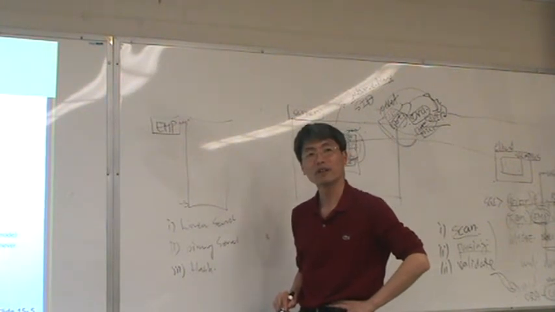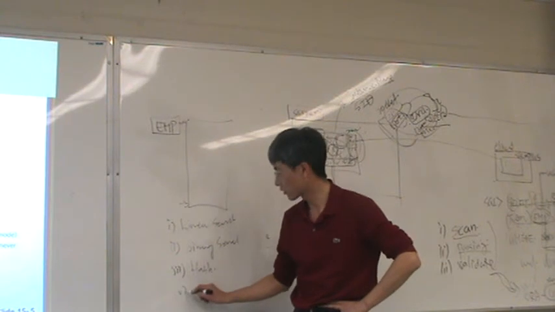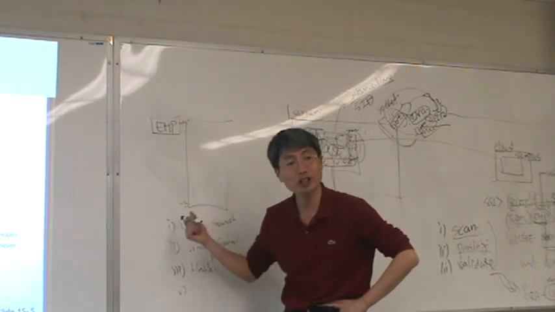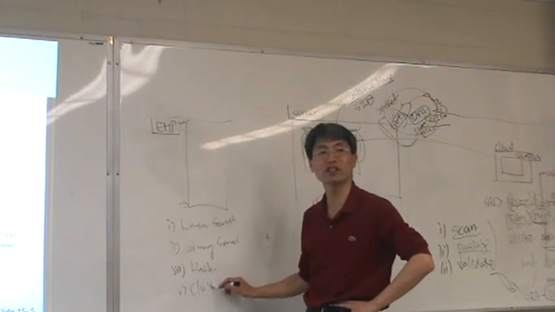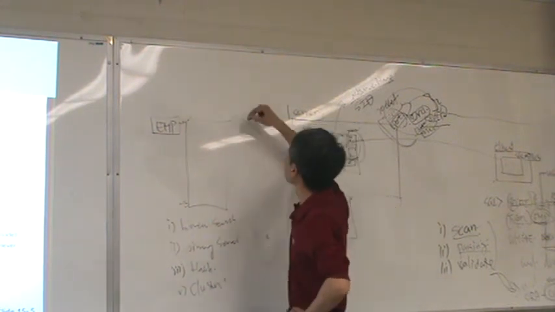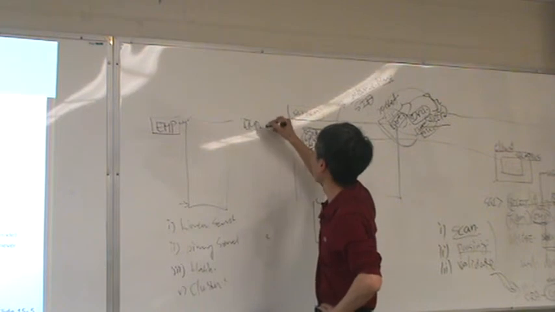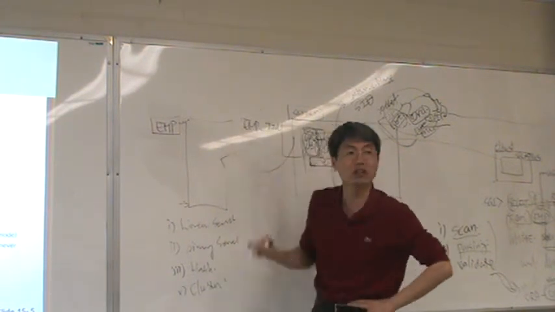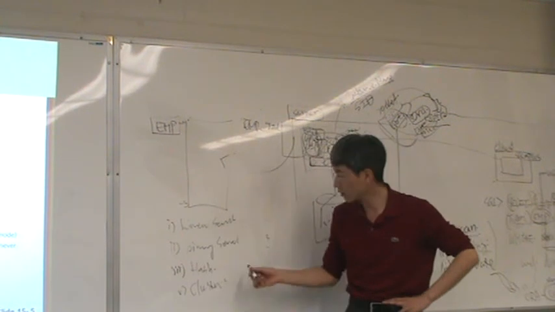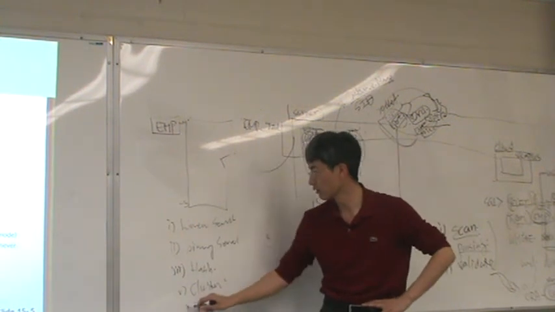Okay? And also, what else? If there exists a clustering index, we can use the clustering index. First, this is the index on the employee, and access the data. That's another way, clustering.